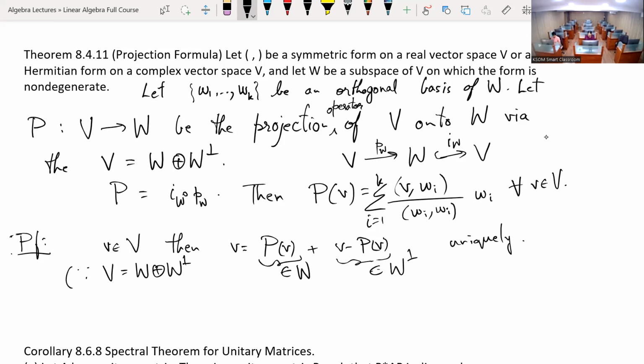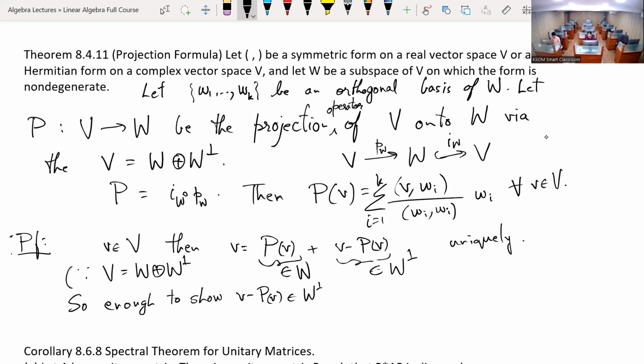So this formula, of course, is in W. So to check that V minus PV is in W perp, enough to show that V minus PV is in W perp.